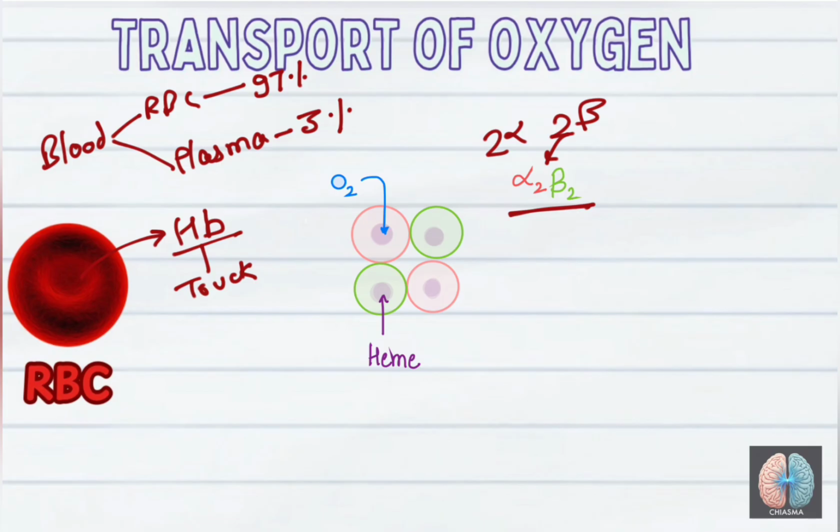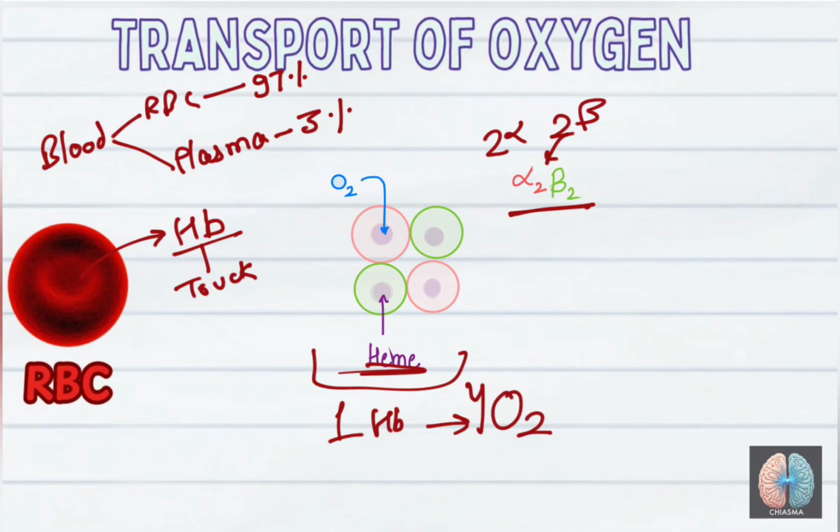In one chain we have one heme compound. Actually the oxygen binds to this heme compound, and there are 4 heme compounds in one molecule of hemoglobin. So one hemoglobin will deliver how many molecules of oxygen? It can carry a maximum of 4 molecules of oxygen.